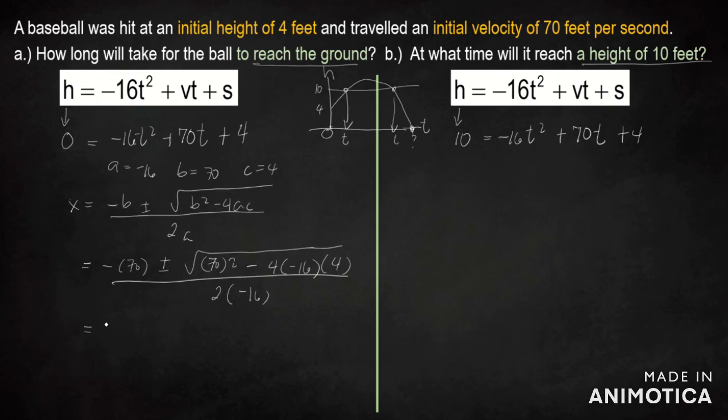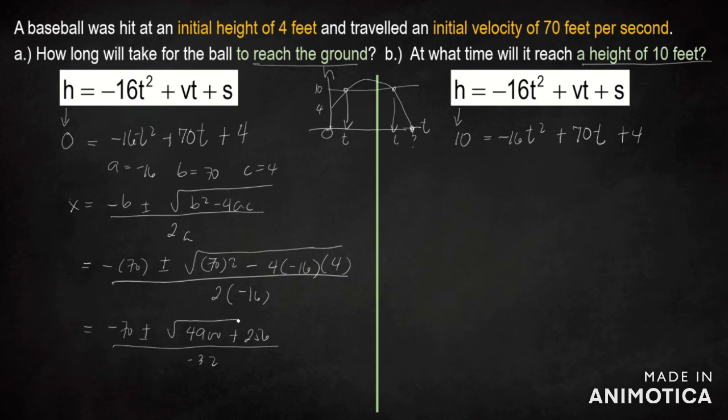So we have negative 70 plus or minus the square root of 4,900. Negative times negative is positive. Then 4 times 16 times 4 is equal to 256, over 2 times negative 16, which is negative 32.